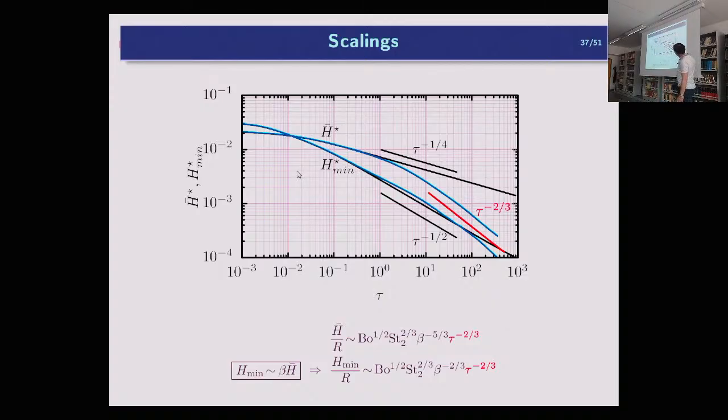We find t to the minus 2/3 for the typical thickness, which is a bit more interesting than it looks, because if we have a threshold for the minimum thickness below which van der Waals forces are important, then this typical thickness is going to be reached much before than in the solid case, which means that it's going to make contact with the liquid much before the case where the surface would be solid.